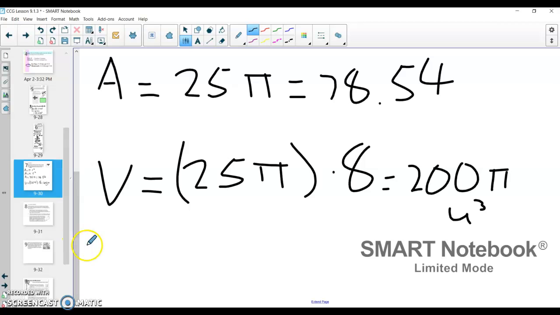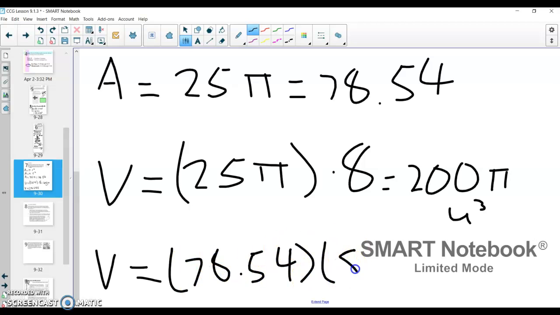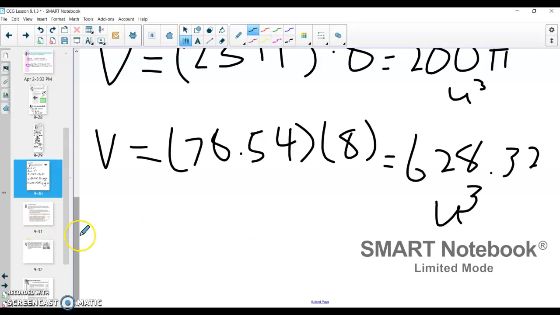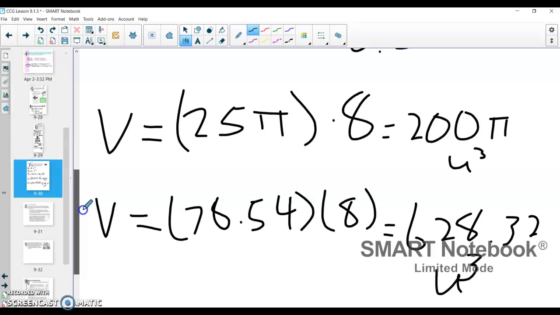Or another way you could write your volume, if you like it in decimal form, is to do the 78.54, multiply that by the 8, and get a volume of 628.32 units cubed. Those probably are the same answer, maybe a little bit off because of rounding, but either way you like to do it.